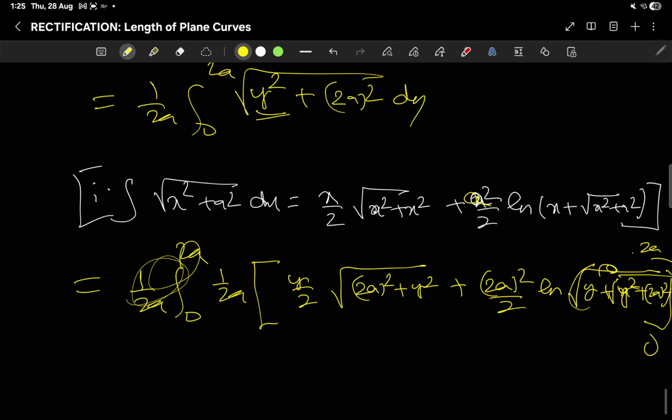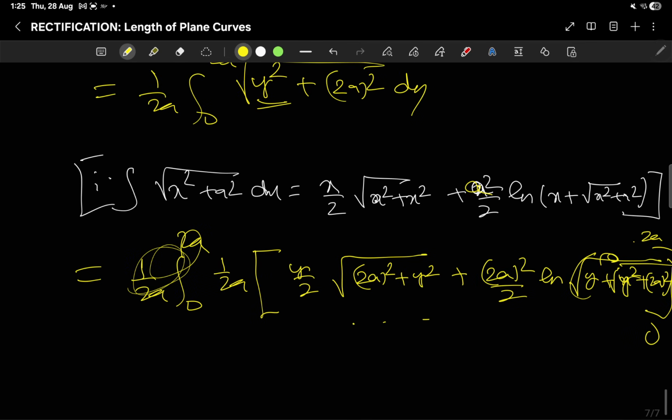Just substitute the limit and simplify, and you will get a into root 2 plus log of root 2 plus 1.